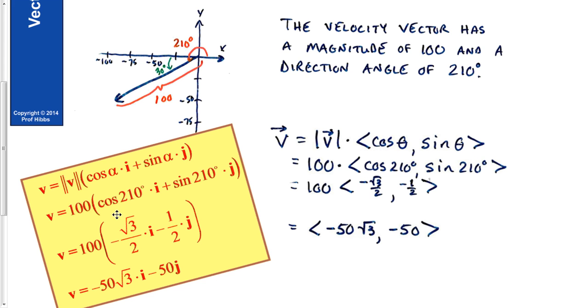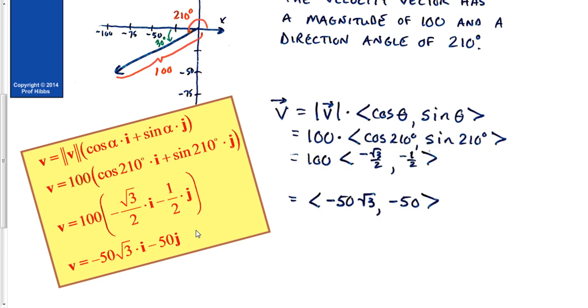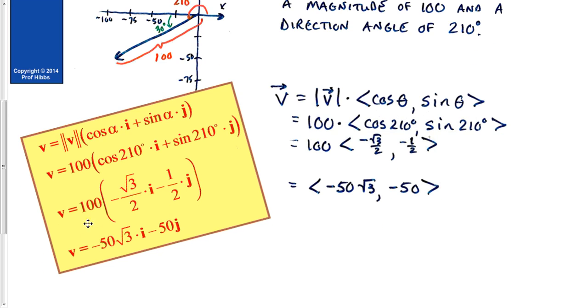And still a cosine of 210 degrees is negative square root of 3 over 2. So I have that times i, and I have here a negative 1/2 times j. So rather than saying plus a negative 1/2 times j, I've written it as minus 1/2 times j. And so when I multiply that linear combination by 100, we just get v is the vector negative 50 square roots of 3 times i minus 50j.